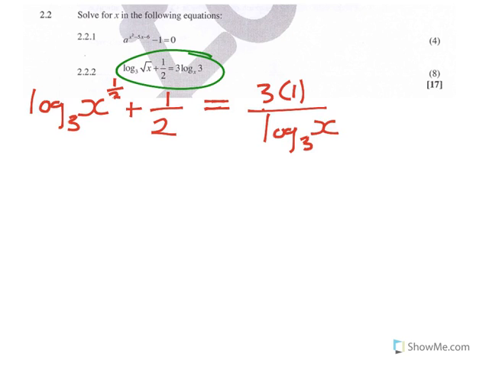When you have got this, what you need to do is to multiply everything by this particular log base 3 of x. So if you do that, what are you going to have? You're going to have log base 3 of x to the power half, which will be multiplied.